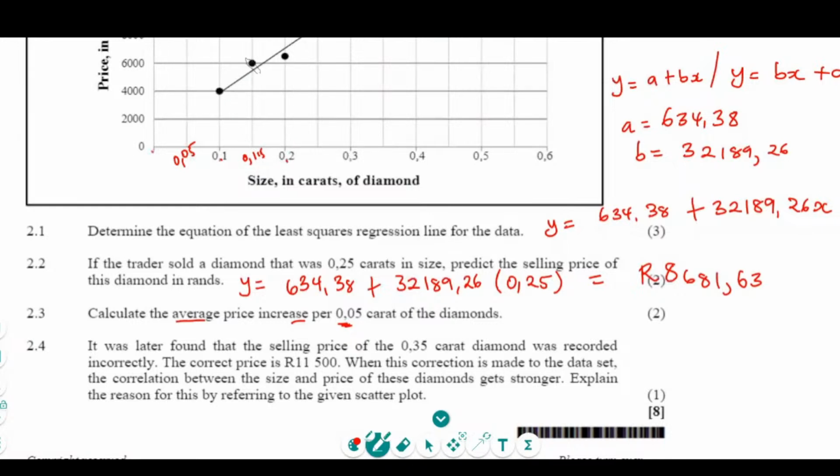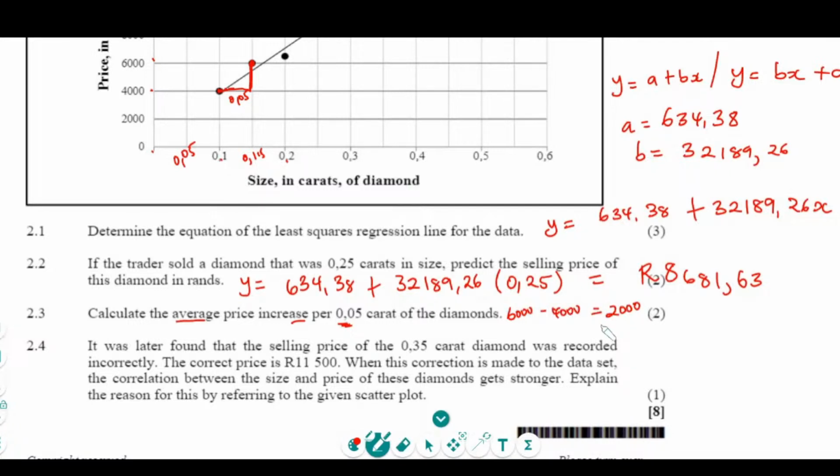Okay, so if I look at the points that were plotted, this and this. As this is 0.05, what amount am I having here? So this is 6,000 and this is 4,000. So the difference between the two, 6,000 minus 4,000, I'm having 2,000.